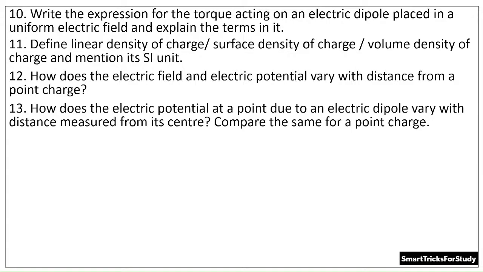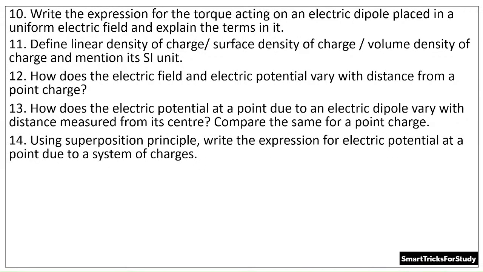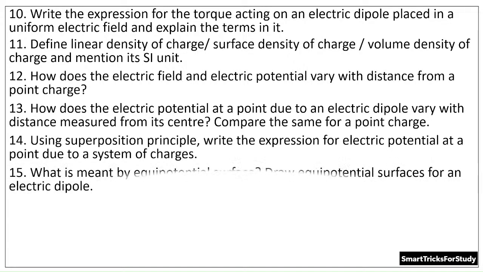Compare the same for a point charge. 14. Using superposition principle, write the expression for electric potential at a point due to a system of charges. 15. What is meant by equipotential surface? Draw equipotential surfaces for an electric dipole.